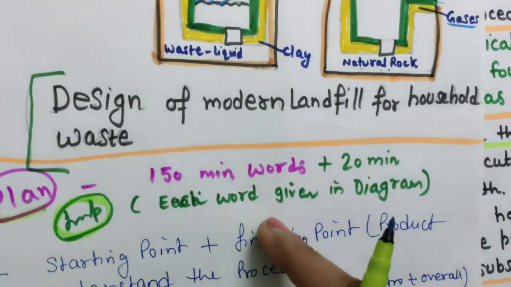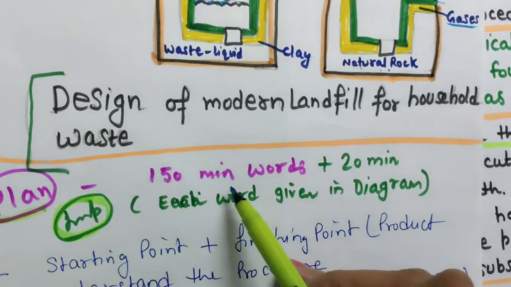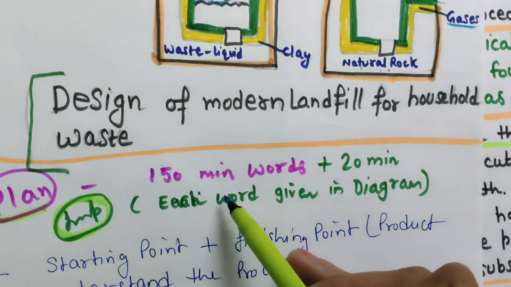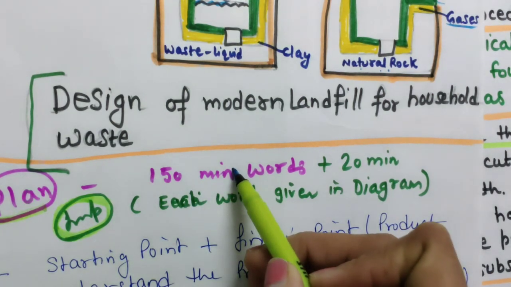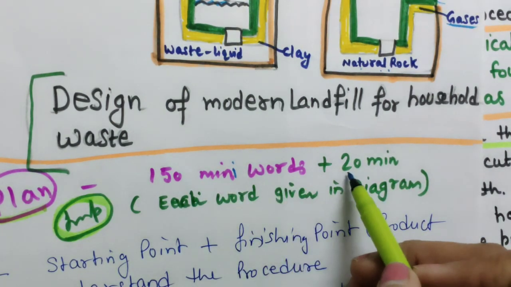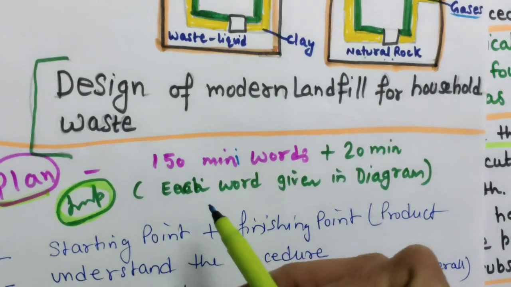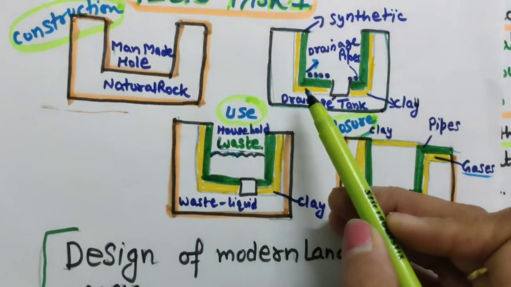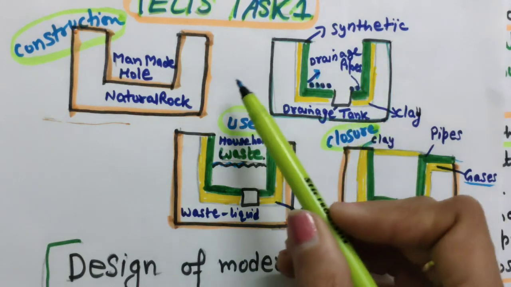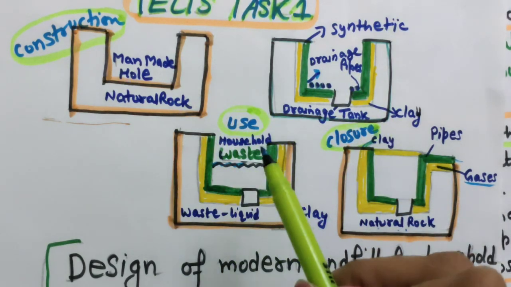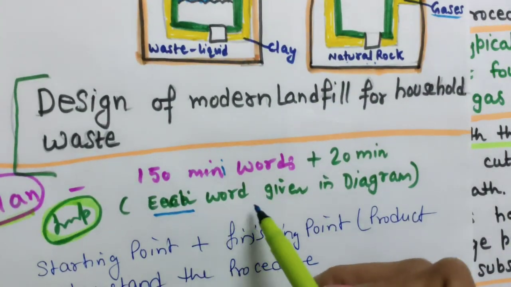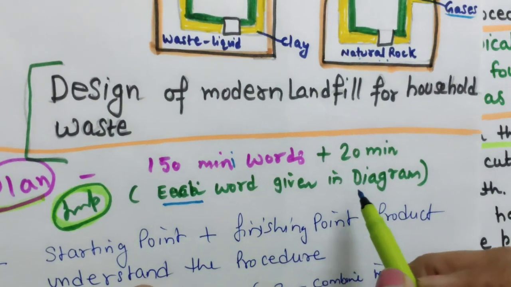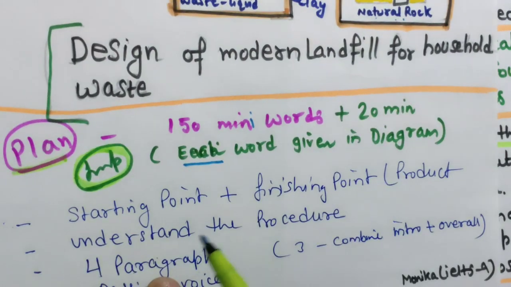Of course we know you should write a minimum of 150 words in 20 minutes, not more than that. One important thing is that each and every word given in the diagram, you should use in your writing.